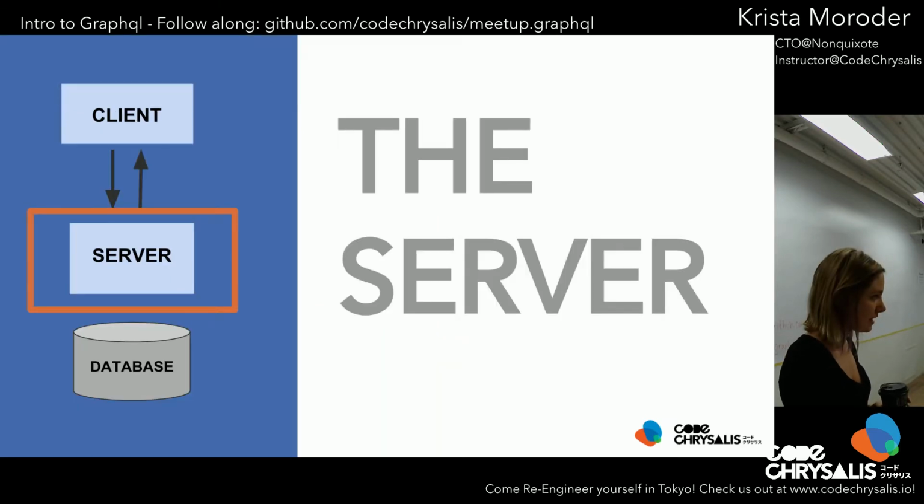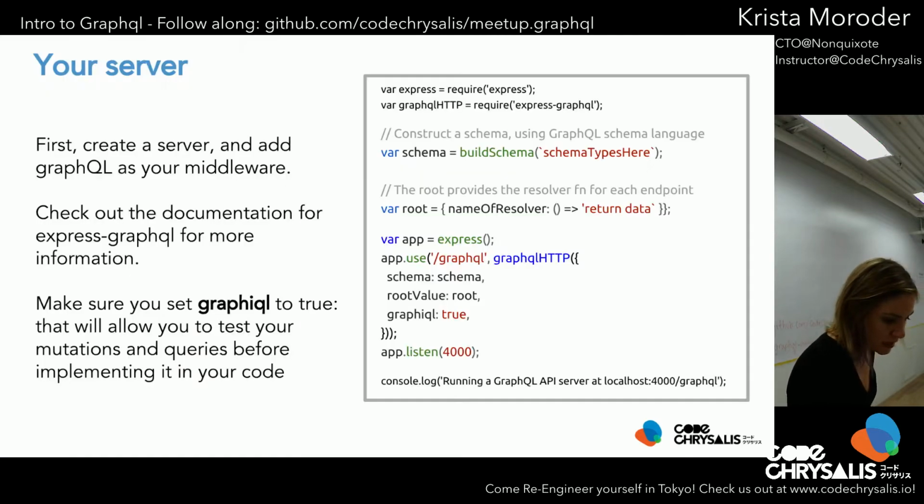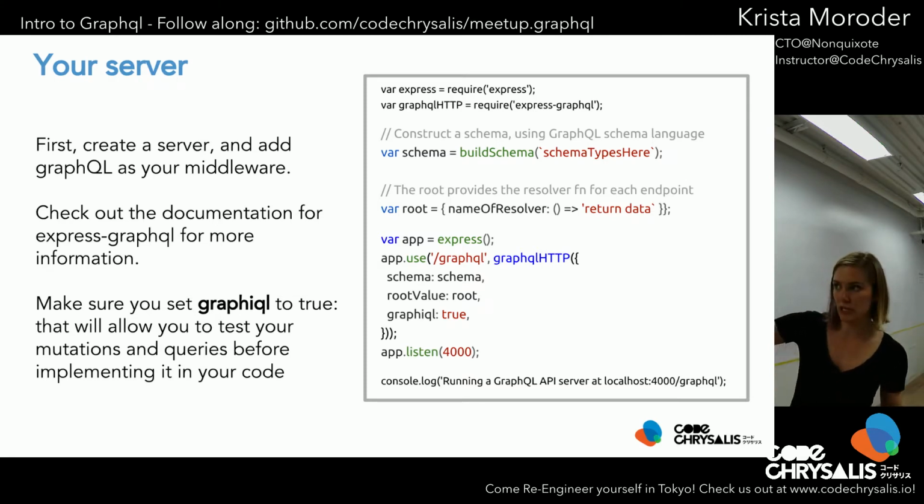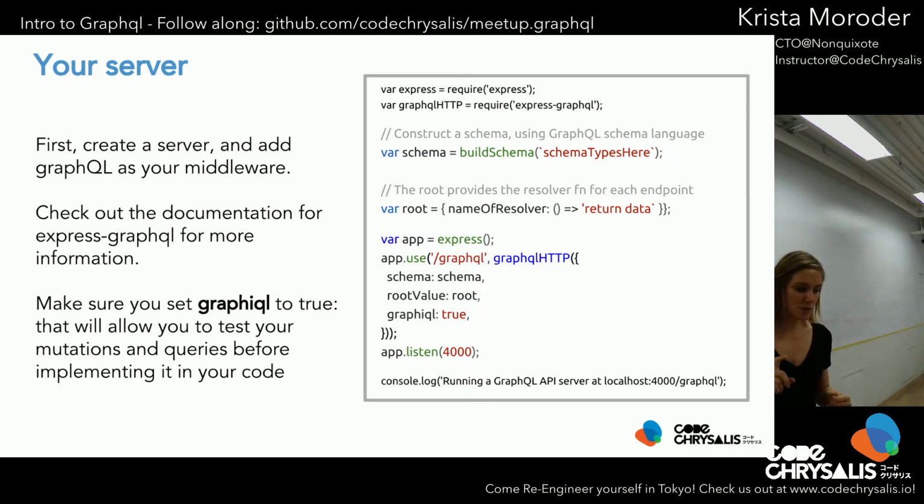All right, let's dive into what the server setup looks like. So this server is built using Node and Express, and let's walk through each line of the code. First, we're going to create our server. If we look at our code, at the very top, we're requiring Express. About halfway through, we're saying var app equals express.